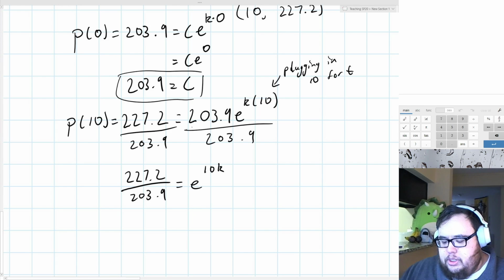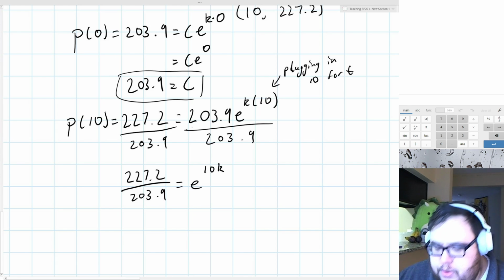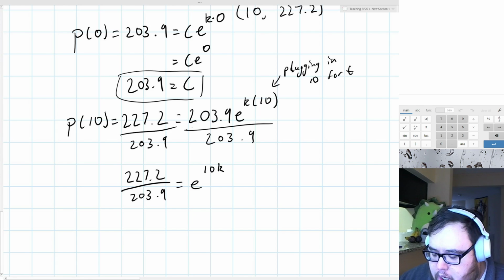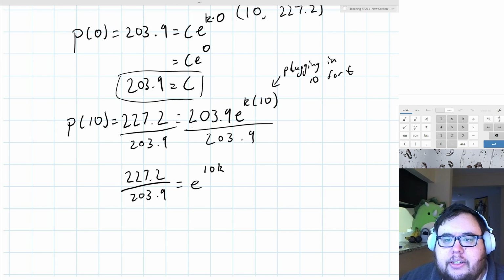If you want, you can simplify this 227.2 over 203.9 and just give a decimal there instead. Like you can plug it into your calculator. I'm going to leave it as a fraction, so that we get an exact answer, or a closer to exact answer at the end with less rounding. Okay, we're going to have to round eventually. The k values we get tend to be really funky looking.